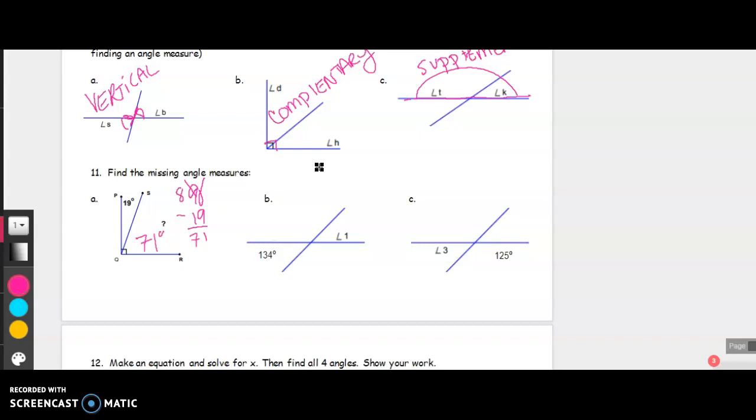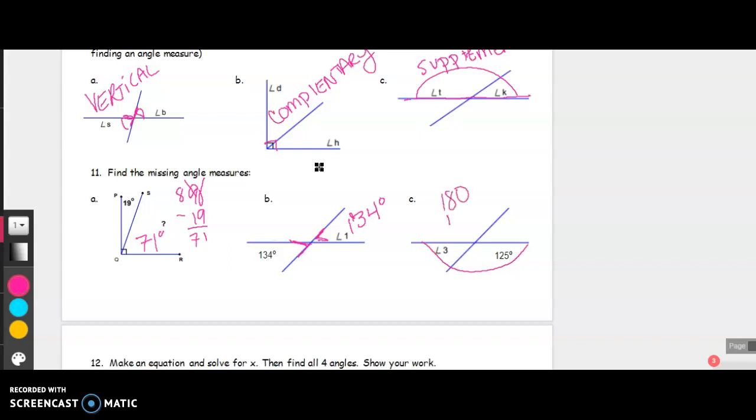B, we have our V's. So there's really no math included or needed. It's just vertical angles. So we know opposite angles are equal. So that's 134 degrees. And C is just like the C up top. It's a straight angle. So we know it's supplementary. So it has to equal 180.